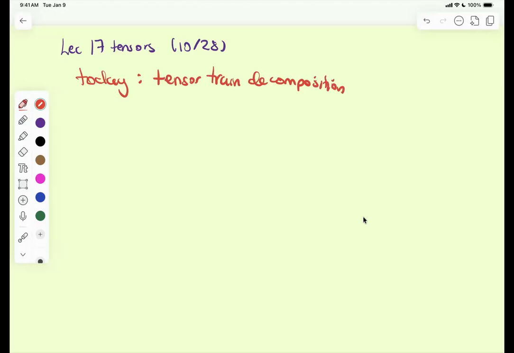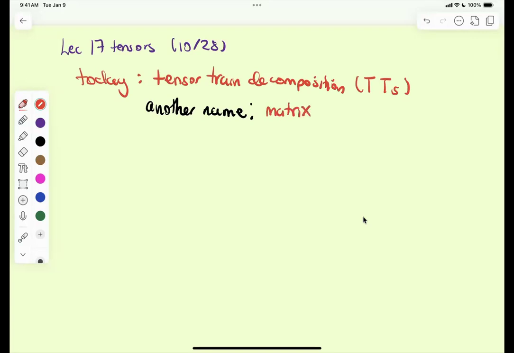Usually you may see them referred to as TTs, like tensor trains. The other name for them is the matrix product states, and if you call them that, they usually go under the name MPS.